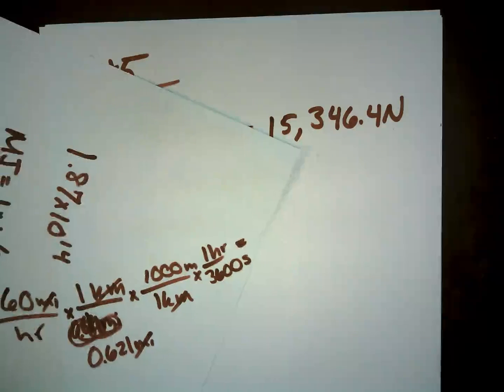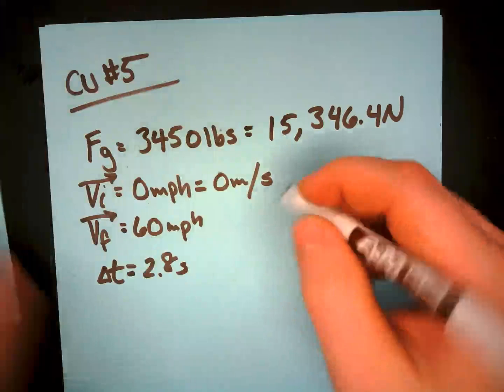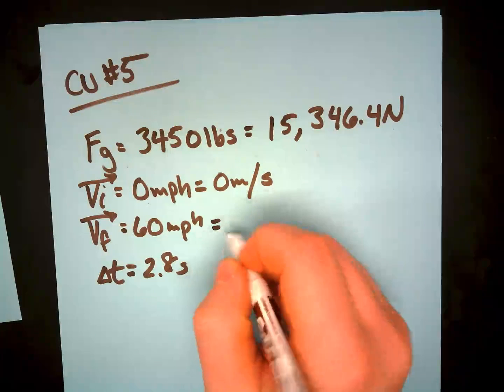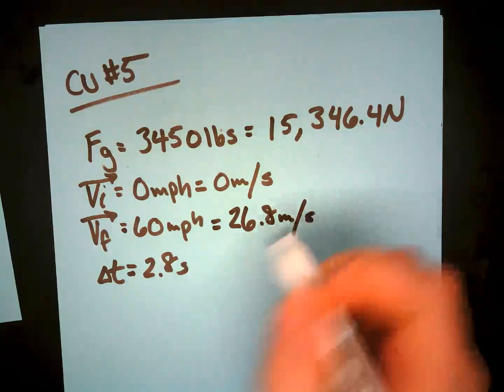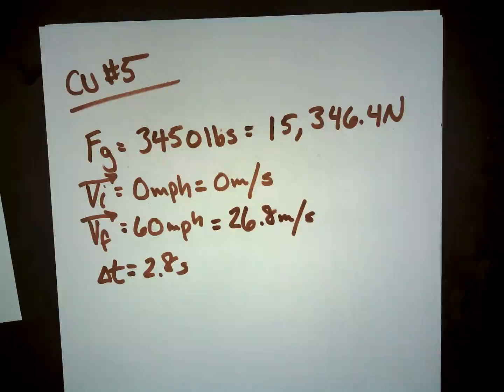Putting that all together, 60 times 1,000, divided by 0.621 times 3,600. So this person is going 26.8 meters per second. Cool beans.